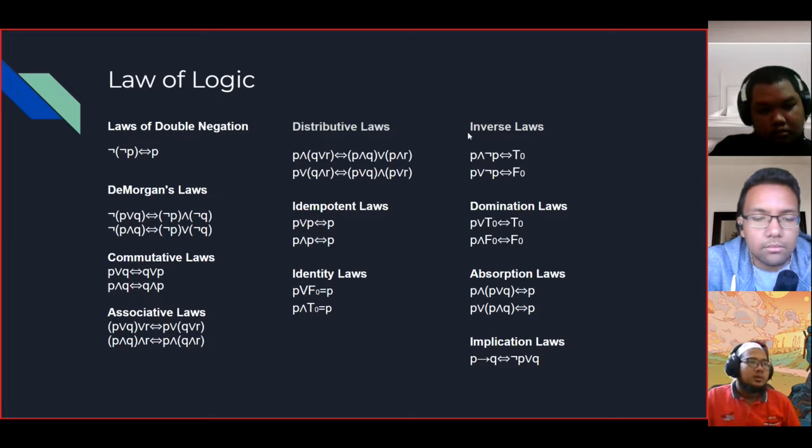Number 8 is an inverse law. This. Number 9, domination law. Number 10 is absorption law. And number 11 is implication law. P plus Q and you get not P.